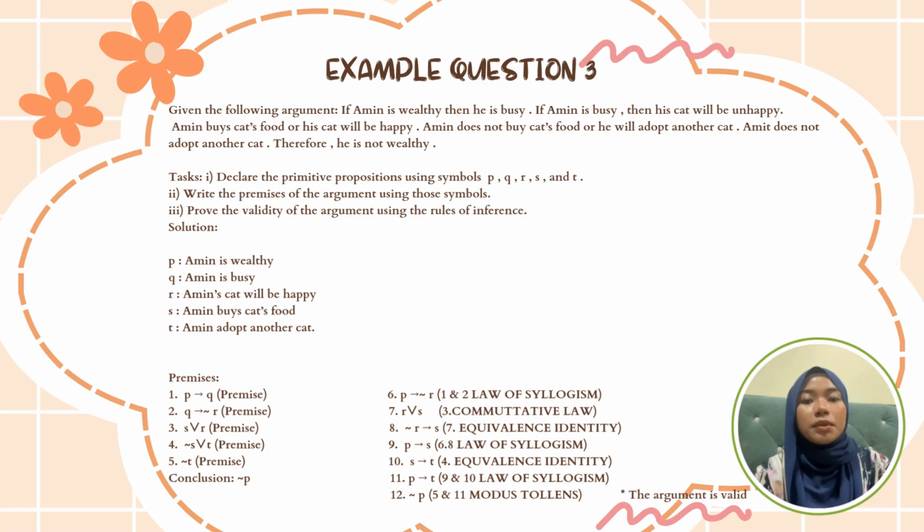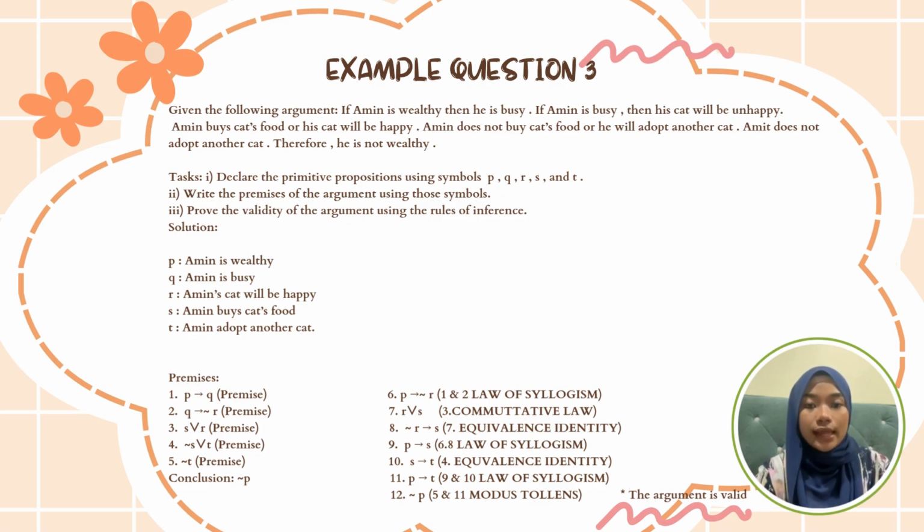The first premise is P implies Q. The second one is Q implies negation R. The third one is S or R. The fourth one is negation S or T. The fifth one is negation T. So the conclusion is negation P.